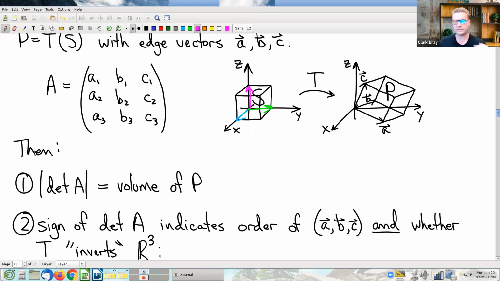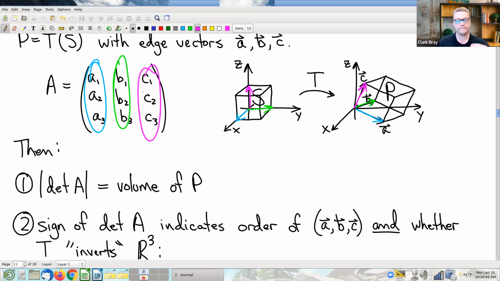Well, the way I have this drawn here, A being the image of the first standard basis vector, B being the second column, image of the second standard basis vector, and C, third column, image of the third standard basis vector.